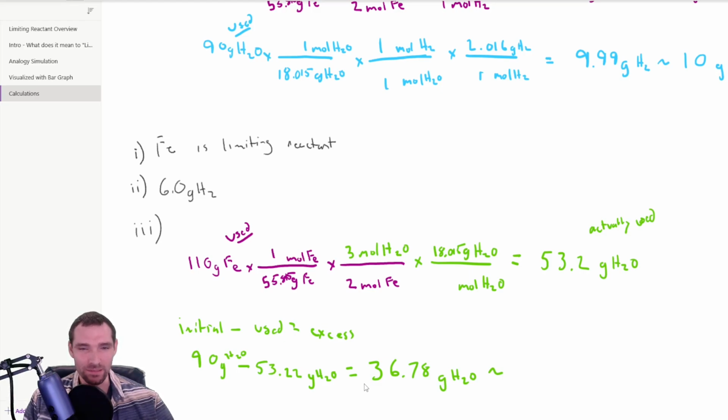If we're doing subtraction, we were only given essentially the tens because we didn't have a decimal point on that. So we can only say this is accurate to the tens place. So we can only say 40 grams H2O was the excess amount.